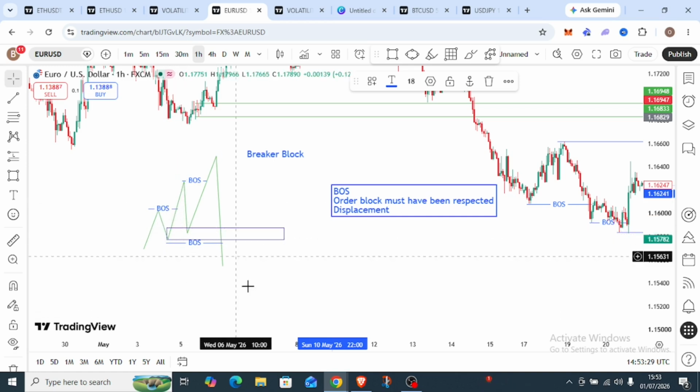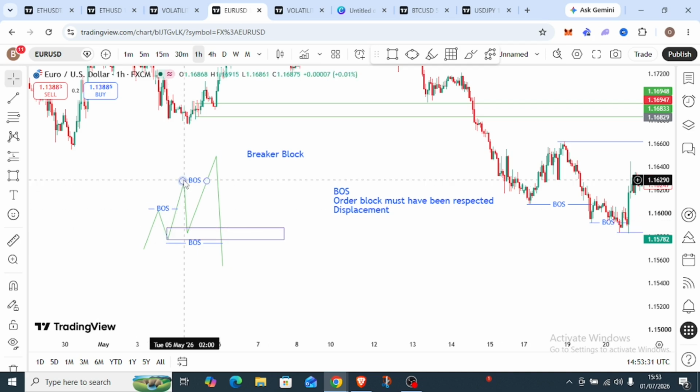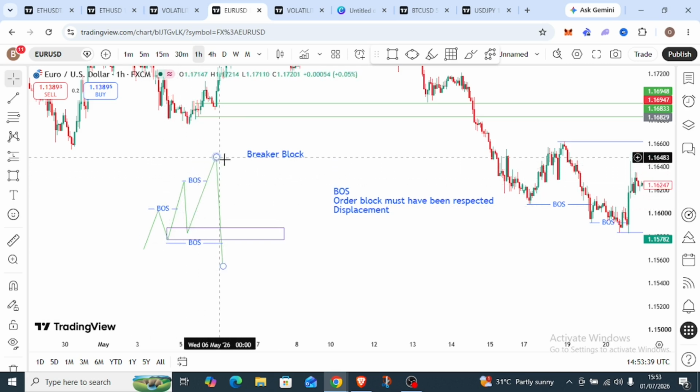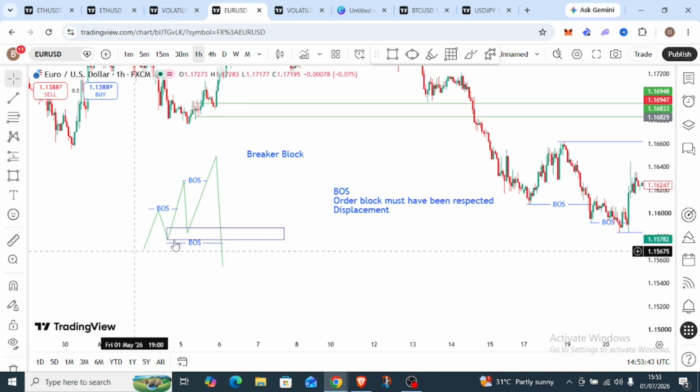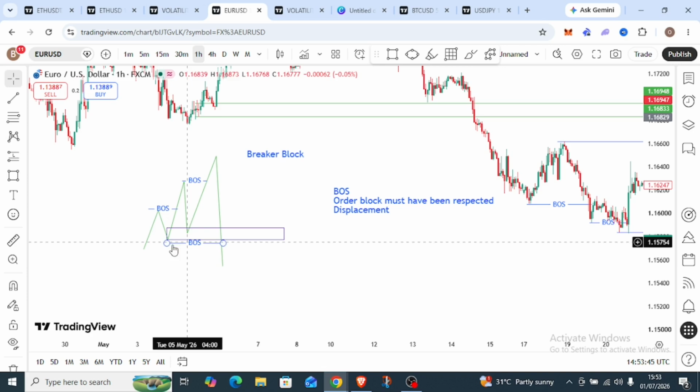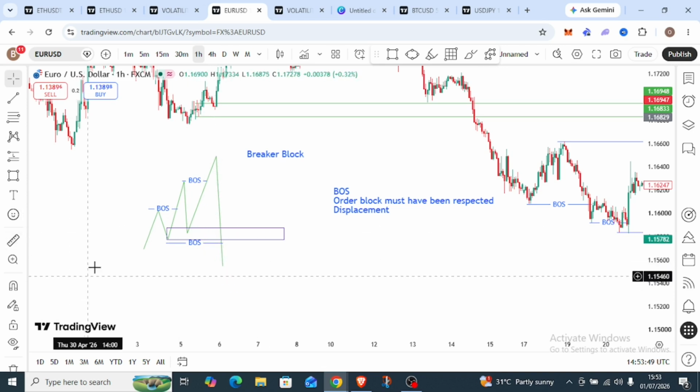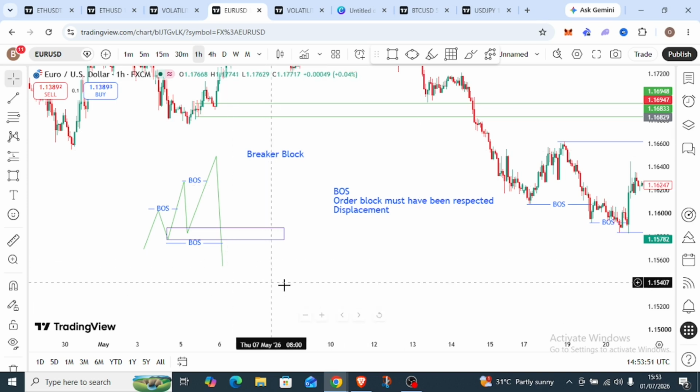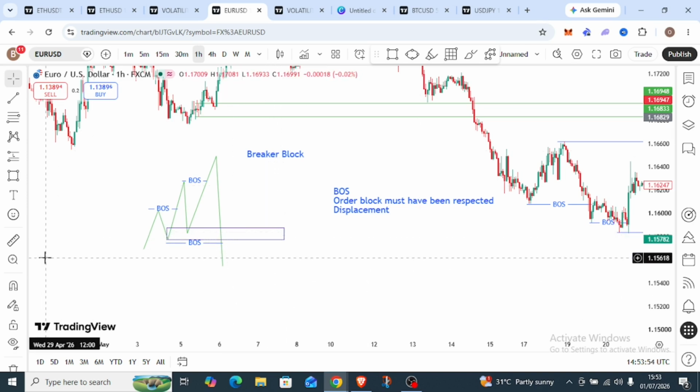How do we know? After break of structure, price came and mitigated it, then moved up to take out this liquidity, so it held. And after that, price reversed and took out the order block, forming a breaker block here because price closed below it. So we'll be looking to sell if price comes back to mitigate the breaker block.